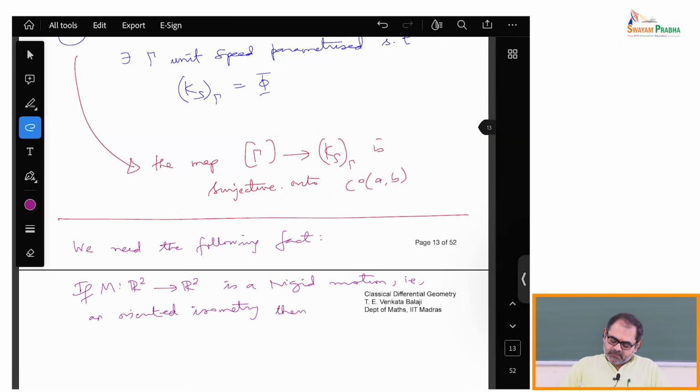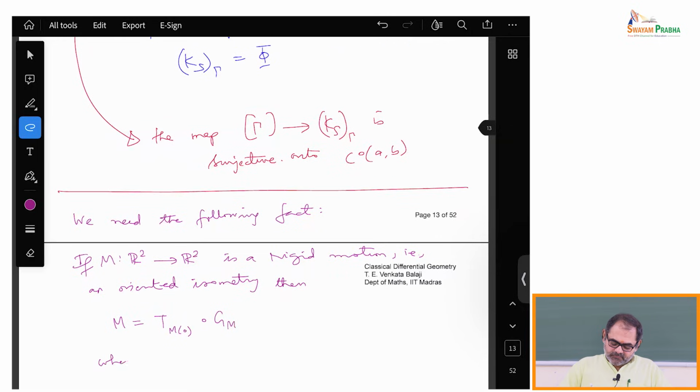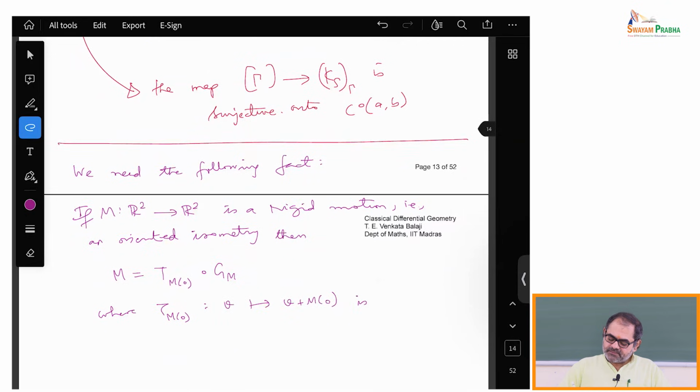Then you can write M equals translation by M0 composed with GM, where translation by M0 is the map that takes v to v plus M0, a translation of R2.